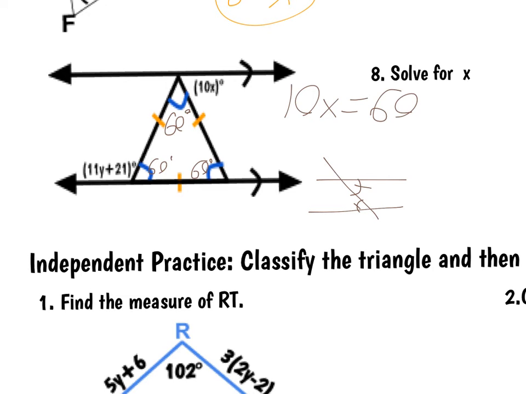It just so happens that in this problem, that also forms a triangle. So 10x is equal to 60, which means that x is equal to 6.